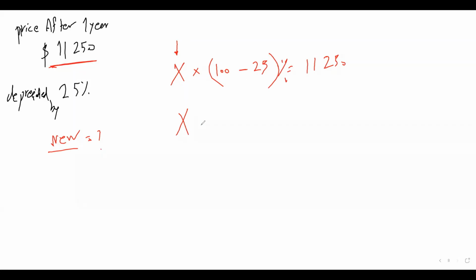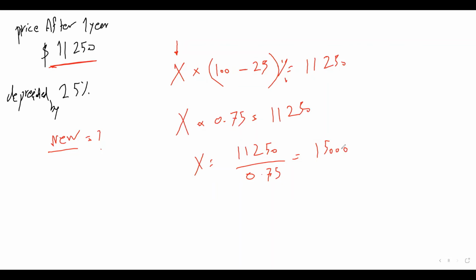Maybe I write that down and then I divide everything by 0.75. So the price of the car when you bought it was actually 11,250 divided by 0.75, and the final answer is 15,000.